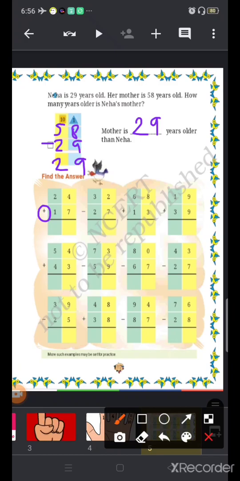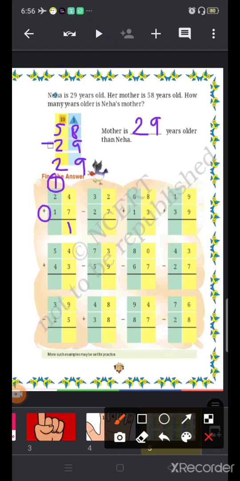Which number is bigger? 7 is bigger. Keep 7 in mind and from 7 onwards count 4 more: 8, 9, 10, 11. So we'll write 11, and 1 will go up as a carry.